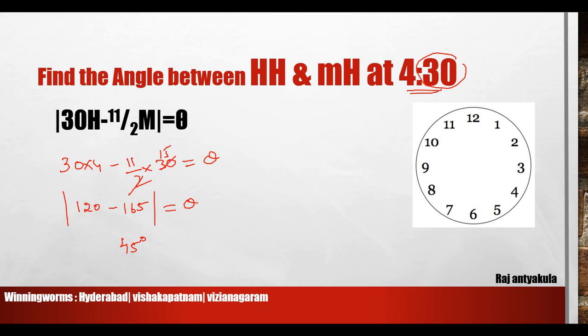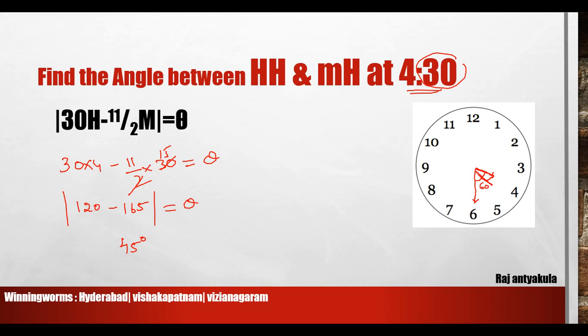Now logically, how do we solve this question without using the formula? At 4:30, actually the hour hand should be at 4, and the minute hand will be at 6. So actually the angle should be how much? 60 degrees. But what happens? In 30 minutes, this hour hand moves towards the minute hand like this.